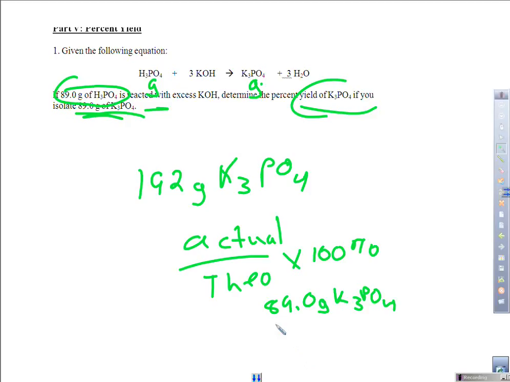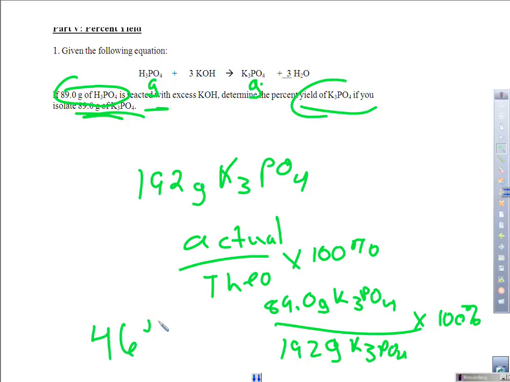So we divide by 192 grams K3PO4, because that's our theoretical yield that we got from our gram-to-gram calculation. So when we multiply and divide, we get 46%. That's good enough for government work. Okay? That's how you do percent yield.